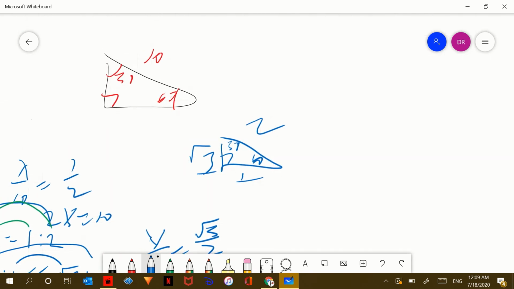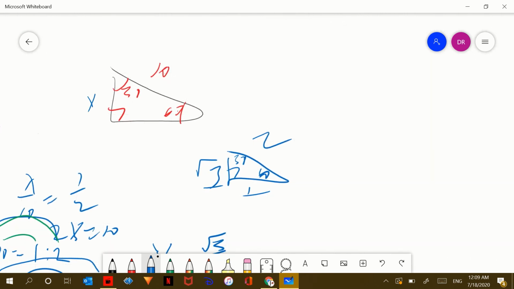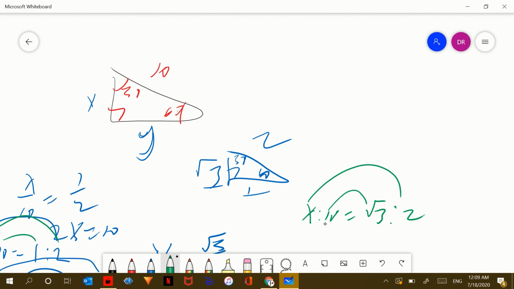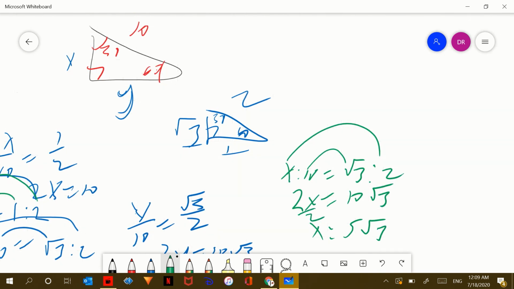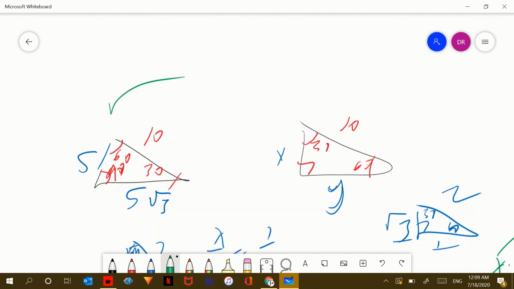So again, same x, same y. Now x to 10 is equal to square root of 3, 2. Using that previous method, you can just do x times 2. So 2x is equal to 10 times the square root of 3. And then you get x is equal to 5 times the square root of 3 once you divide by 2 on both sides.